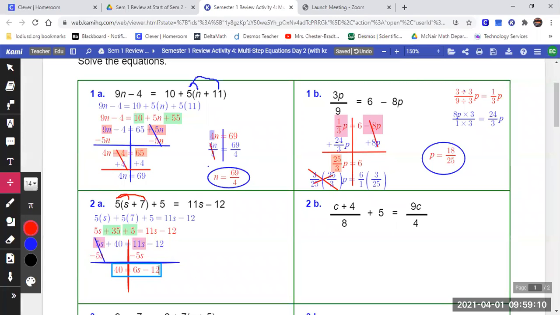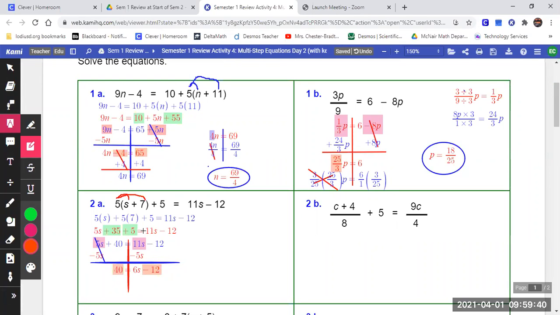Have we handled all the addition and subtraction? No. So we have to handle another addition or subtraction, and it is the numbers. I see I have a negative 12. I see I have a positive 40. I need to move away from the letters. So which one am I going to be moving?